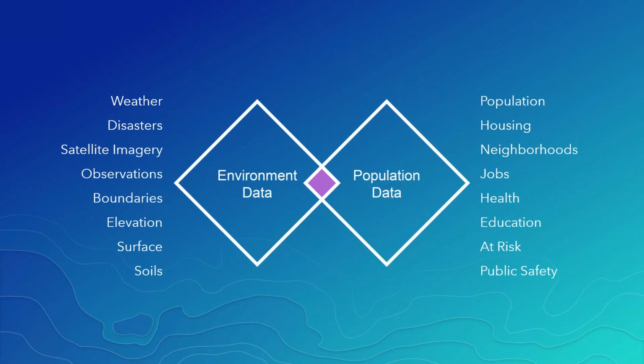Before I get into the data, since this is going to be a data-heavy webinar, I wanted to reemphasize that we're going to be talking a lot about data and layers that are environmental in nature: weather, disaster, Earth observations. But there's really this marriage that's amazing in the ArcGIS platform, in which you're able to find that intersect with your assets, with your populations, and figure out what that risk assessment really is.